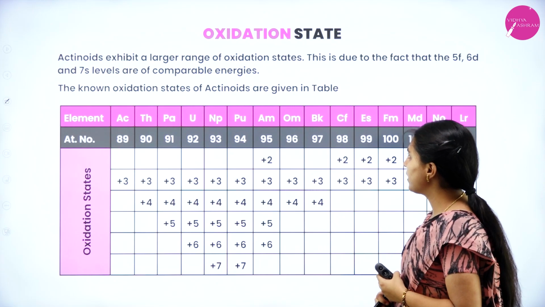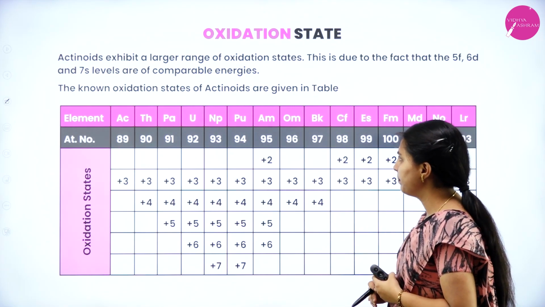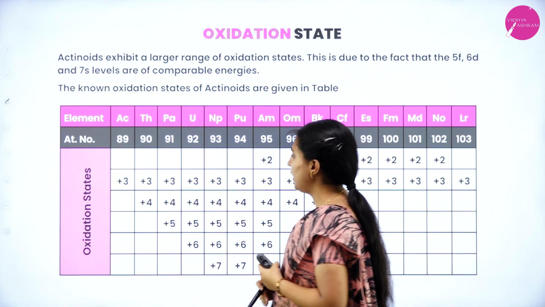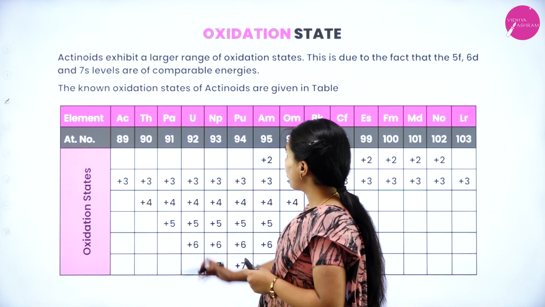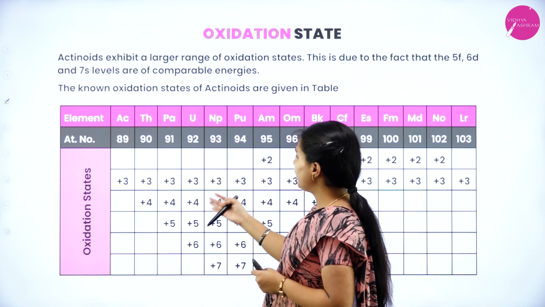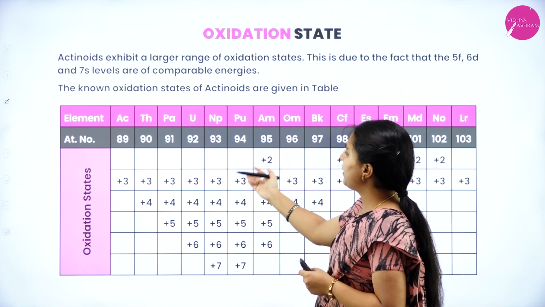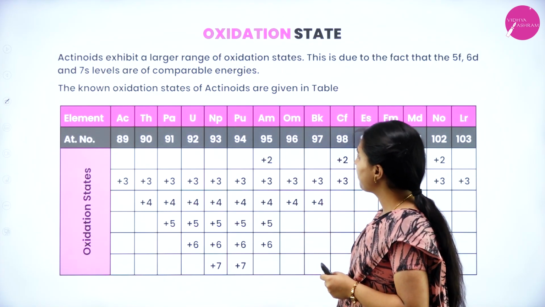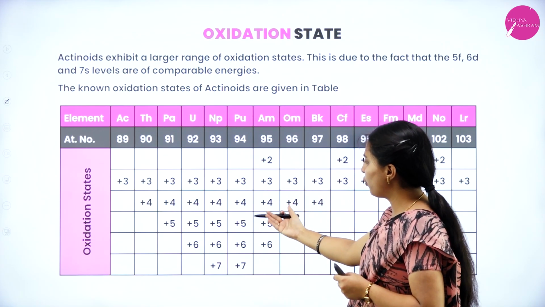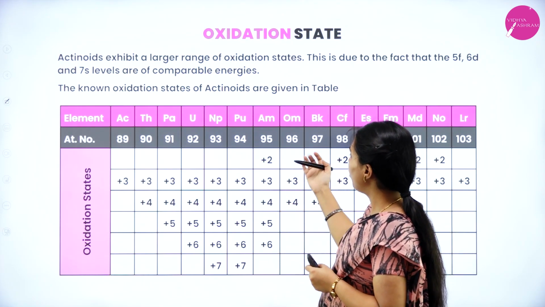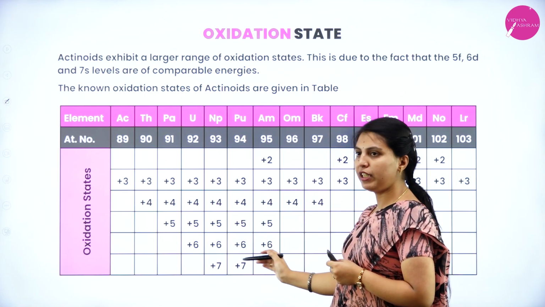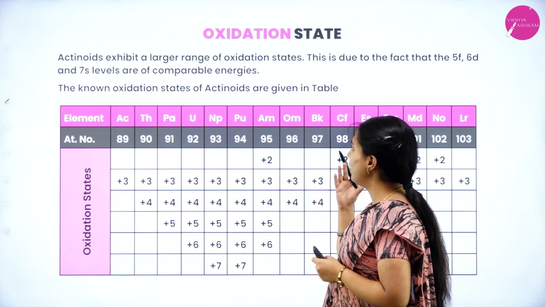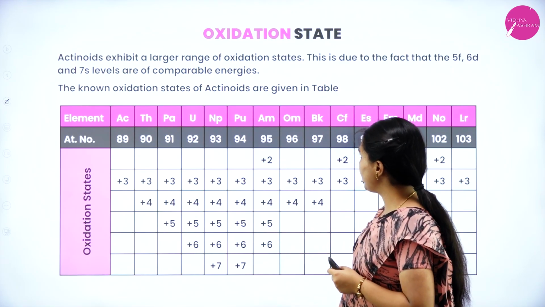The known oxidation states of actinoids are given here. Actinium +3, thorium +3 and +4, protactinium +3, +4 and +5, uranium +3, +4, +5 and +6, neptunium +3, +4, +5, +6 and +7, plutonium +3, +4, +5, +6 and +7. These have a high range of oxidation states.